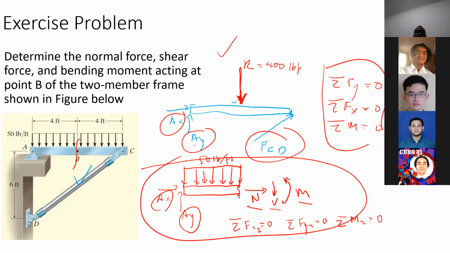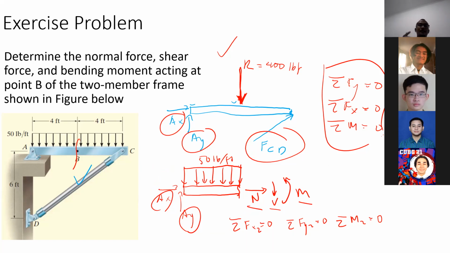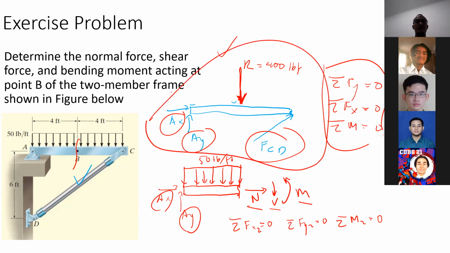After you draw this particular free body diagram, in order to solve this, yes, you can simplify it again, but the simplification is for each free body diagram. So you cannot just use the simplified version of the whole free body diagram and then cut it here and then use this as your new free body diagram. No, you cannot.